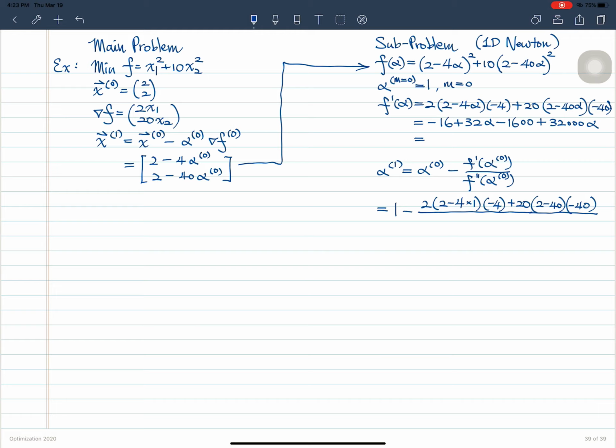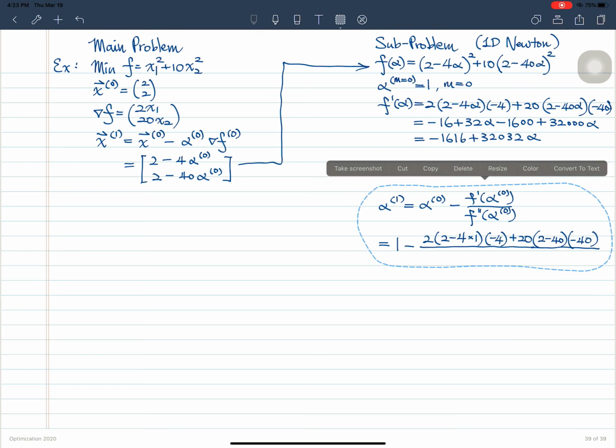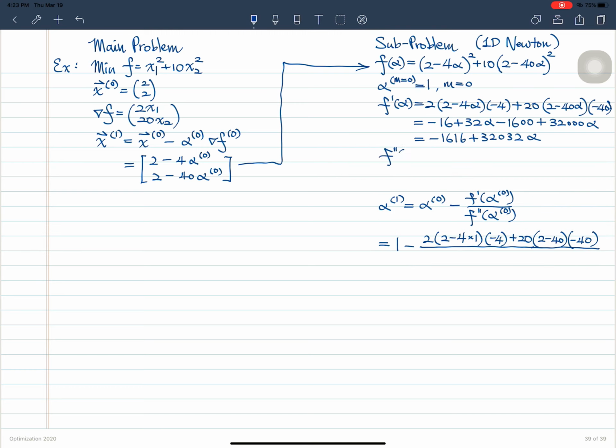Mistake? No. Correct, right? So negative 16 plus 3232 alpha. Yeah. So my f double prime of alpha will be 3232.